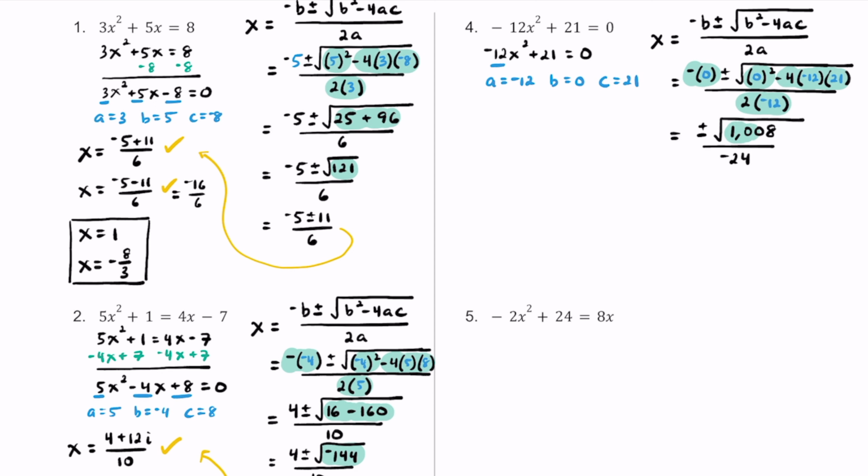All right, so let's see if we can break down this 1008 on the side here. We have to figure out if this has any perfect squares inside. For 1008, let me write it like this. We can definitely divide this by 2, right? If we divide by 2, we're going to get 504. If we divide this by 2 again, we're going to get 252.